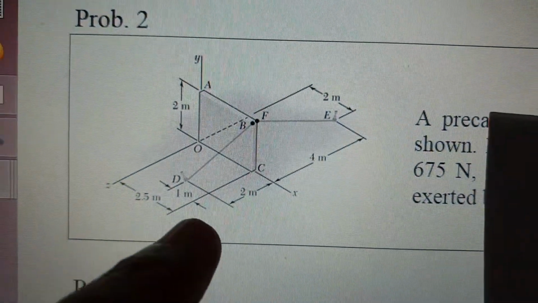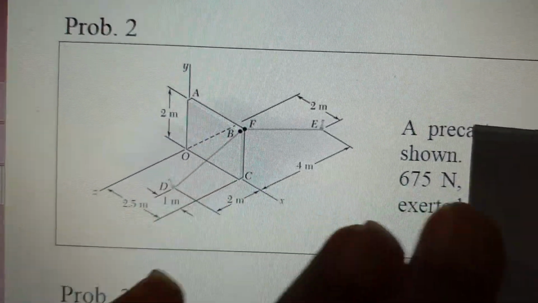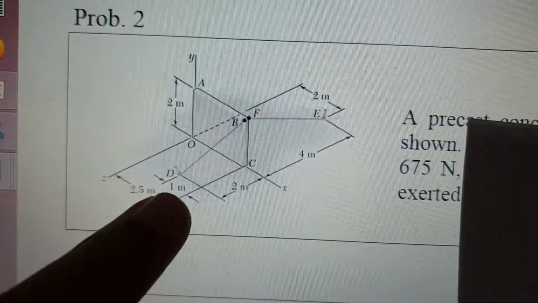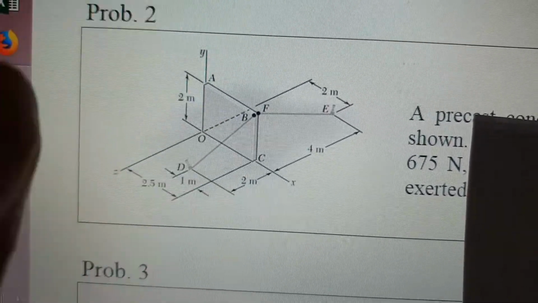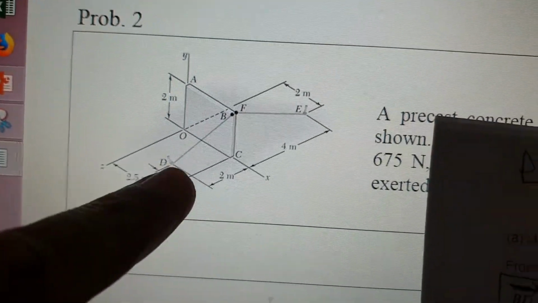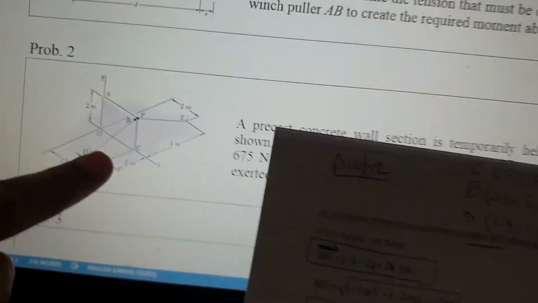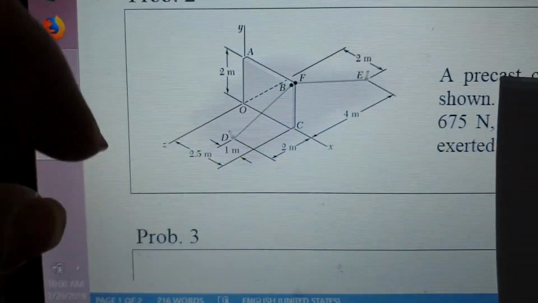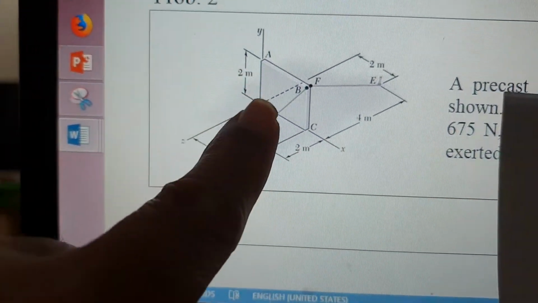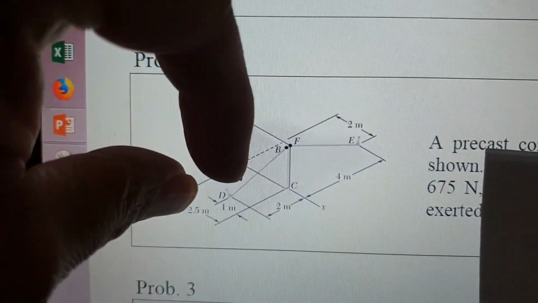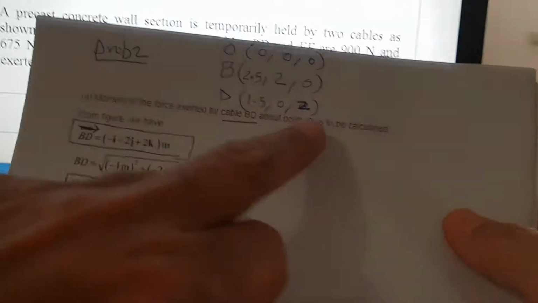You can see that D is at the floor level, so y should be 0, because y goes up in the positive and down in the negative. Since it's on the floor, y is 0. But z is not 0 because you can see it's going that way. It's 2 meters from the 0 to here. That is z, so it is 2 meters.